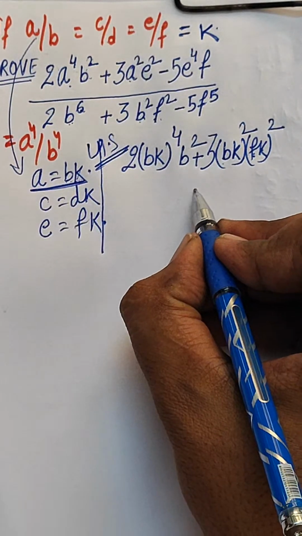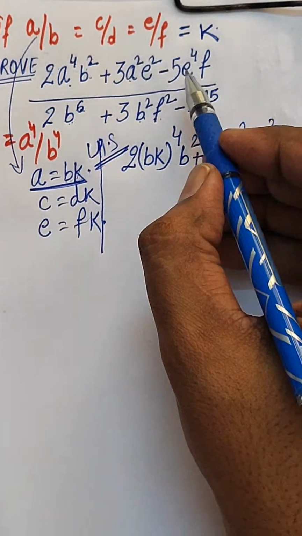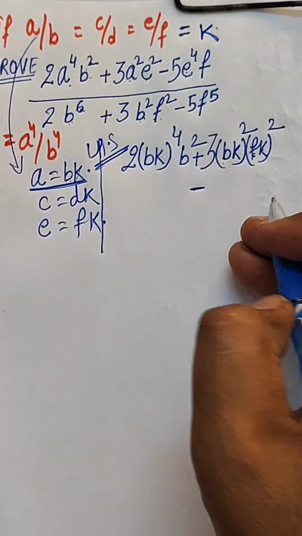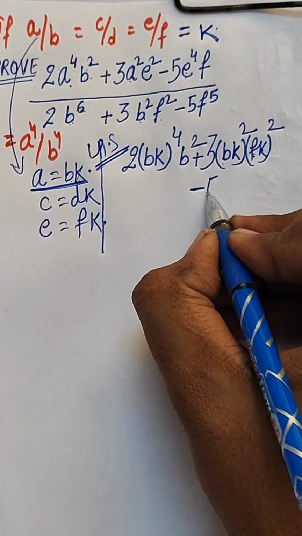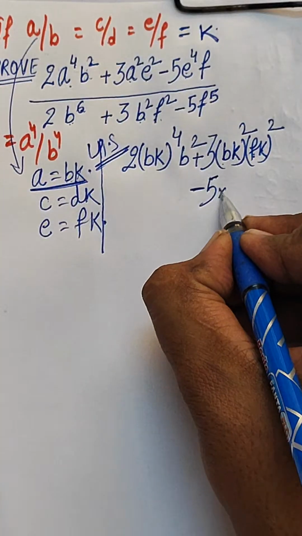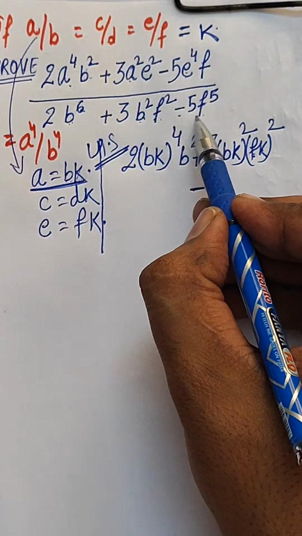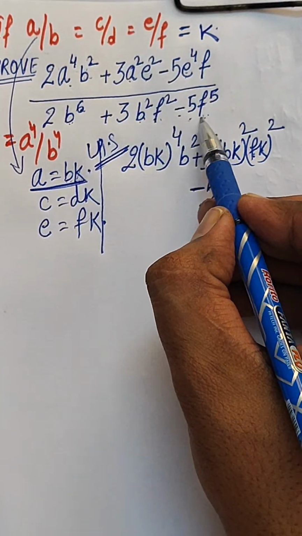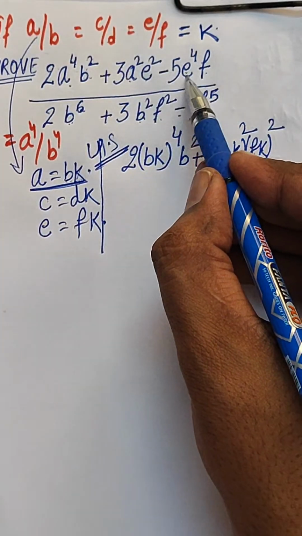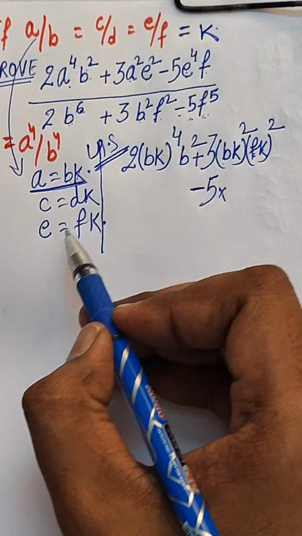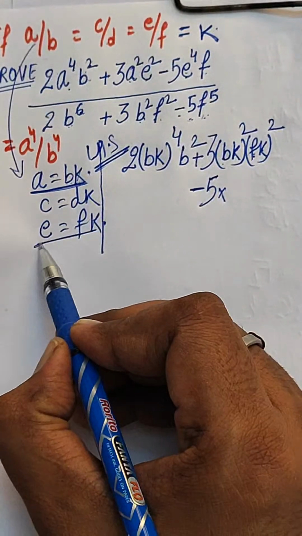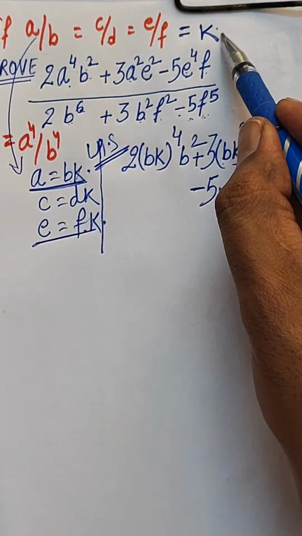Plus the third term, that is minus 5 times e^4 into f. The last term consists only of f, so you just replace e with f using e equal to fk, from the above relation.